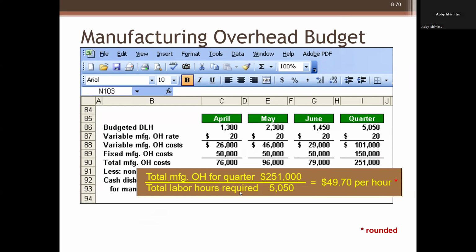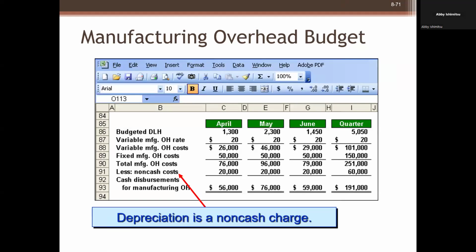All right. Now, on this budget, we add some additional information on the manufacturing overhead budget so that we can use it later for the cash budget. But we're essentially done with the manufacturing overhead budget in terms of coming up with that predetermined overhead rate. But I'm also looking down the road, I've got to prepare a cash budget.